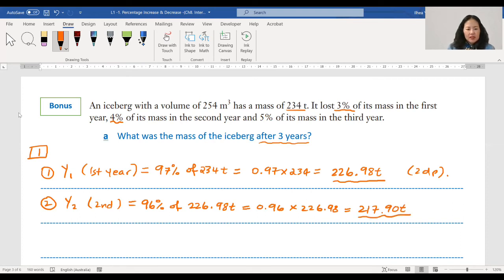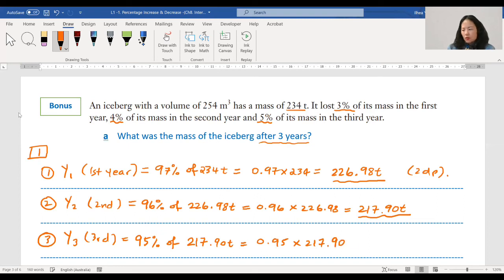Oh, it's pretty sad, isn't it? And third year, 5%. So it'll be 95% of the second year, which was 217.90 ton. So 0.95 times 217.90 equals 207.